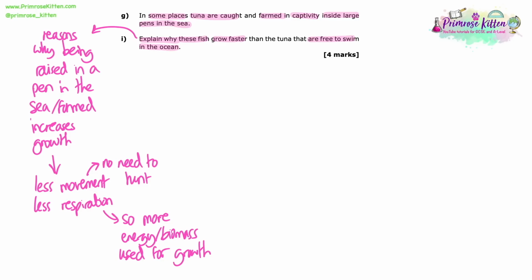So instead of wasting that energy on movement to go and hunt food, or because if they didn't catch enough food in the wild, then they wouldn't grow as quickly. Whereas if we're controlling that environment, then we're making sure that they're not wasting energy, and more of that energy can then go into their growth, their biomass.